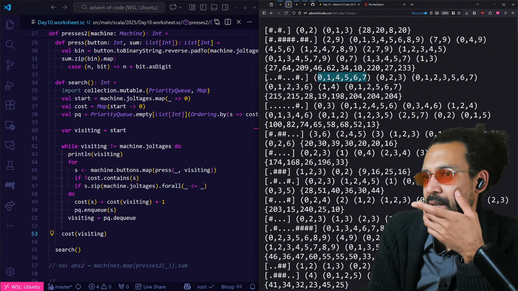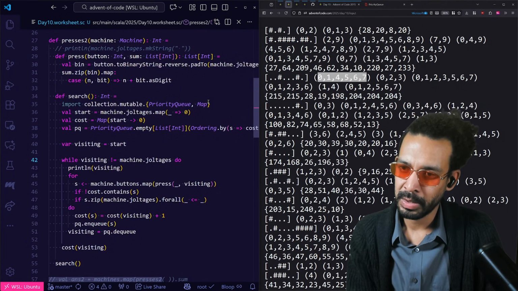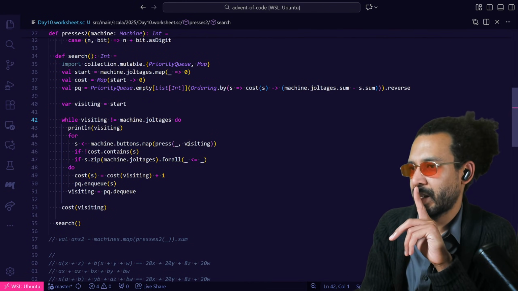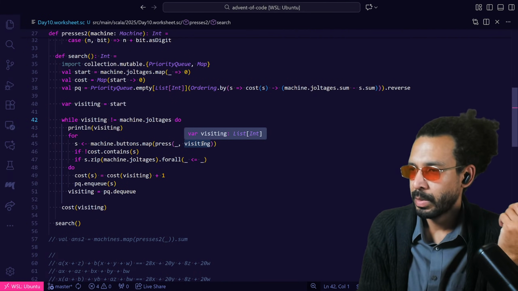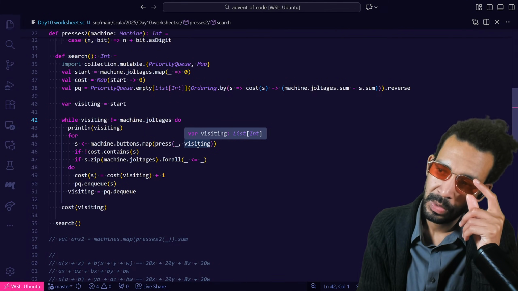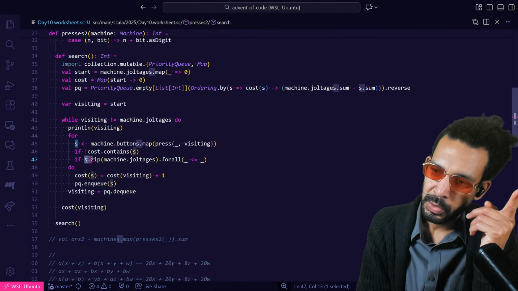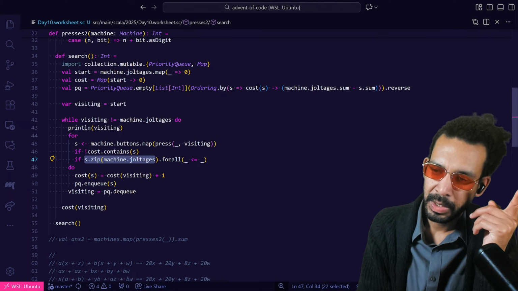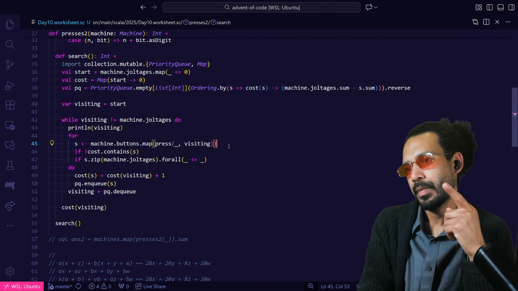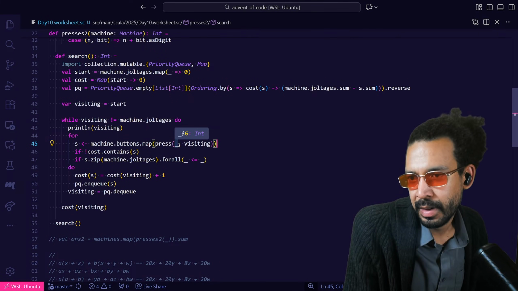Oh, and you know what? Here in my search, hold on. I think I do want to improve this. In my search here, I try pressing all the buttons, so we get to the same path in multiple ways. We do dedupe, right? Are we deduping? So we press all the possible buttons from here.